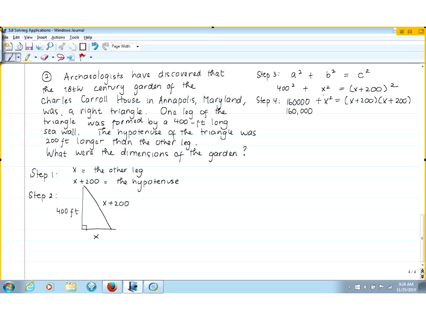So 160,000 plus x squared is equal to x squared plus 400x plus 40,000. Okay, so now the x squared cancels.